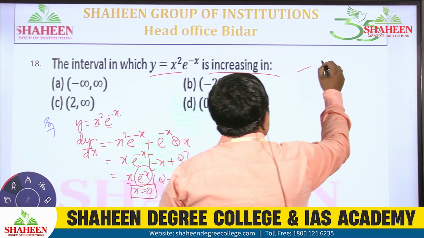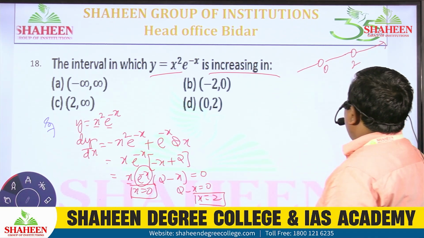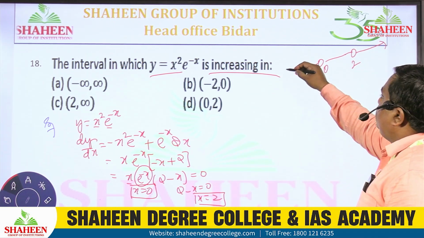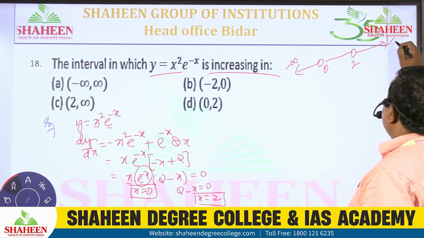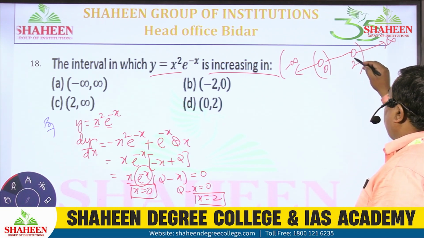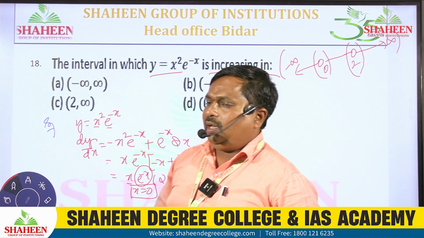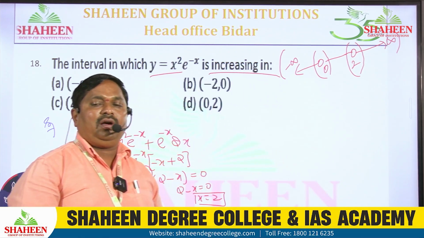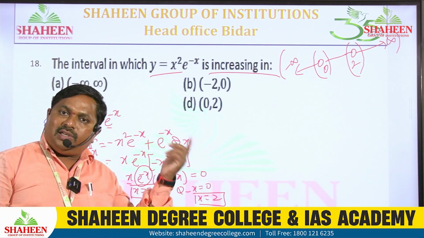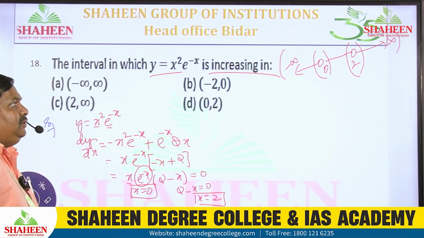On the number line, if we have two values, 0 and 2, then there are three intervals. One is minus infinity to 0, second is 0 to 2, third interval is 2 to infinity. Among these three, one is the interval in which the given function is increasing.